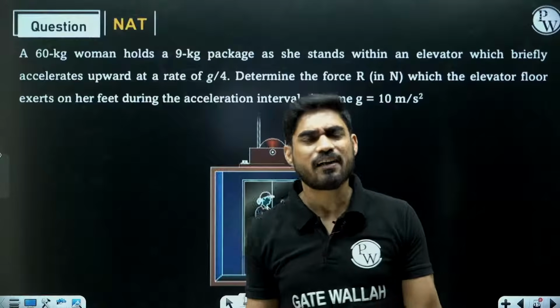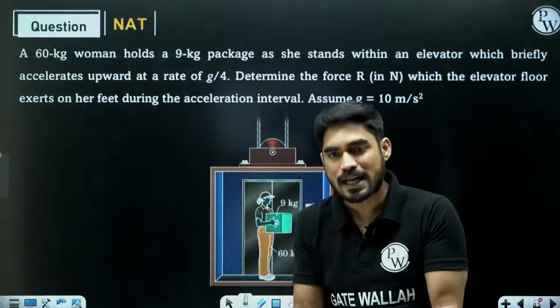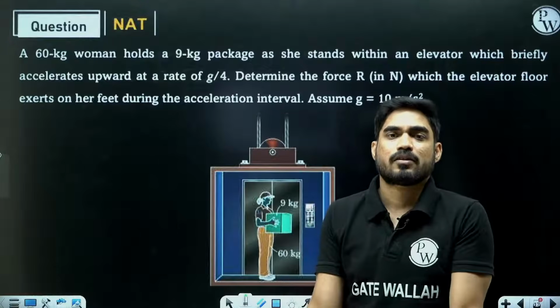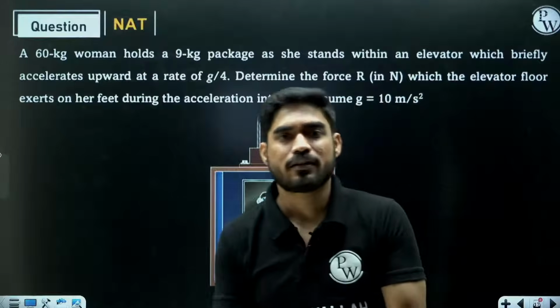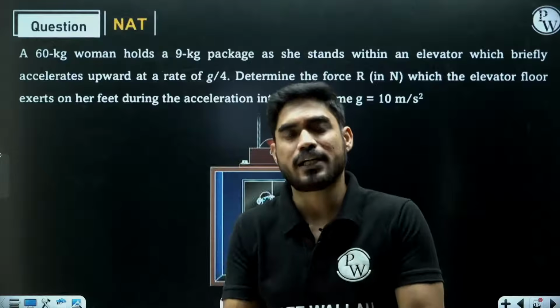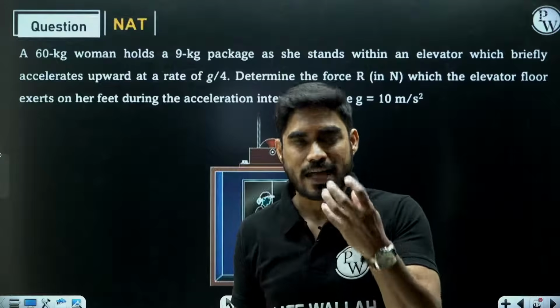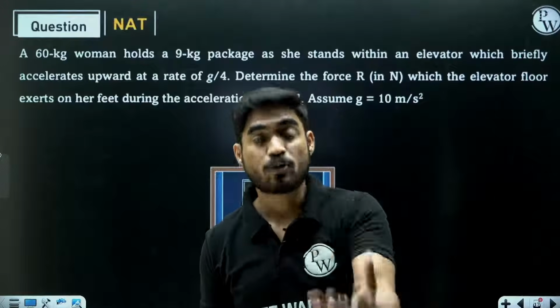Whatever force you are applying on the surface, that is your weight. How do you measure weight? You stand on the weighing machine. Means you apply force on the weighing machine, and then weighing machine calculates how much force you are applying.